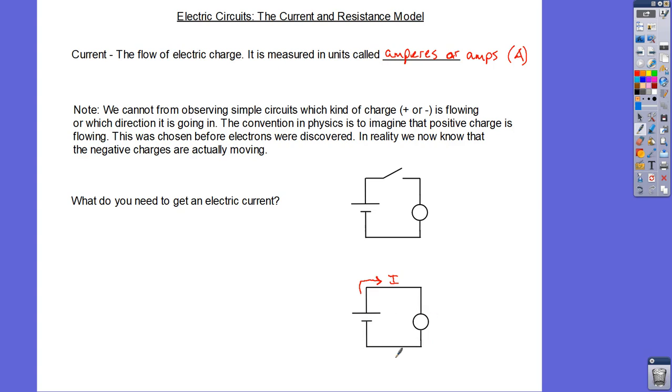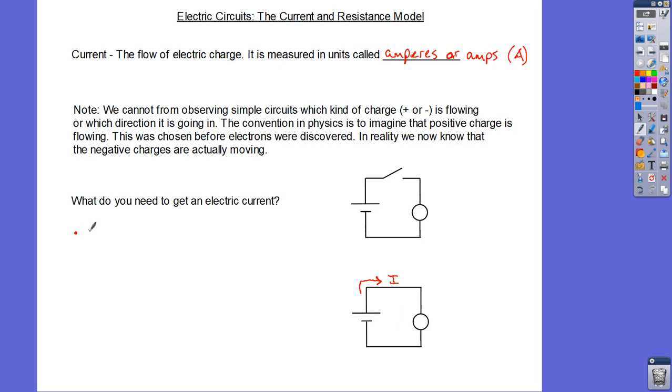Okay, so what do we need to get an electric current? Well, we have to have a battery in there. So if we took out that battery, if you just have a bulb and two wires hooked up to each other, you're not going to get any current. The light bulb doesn't light.